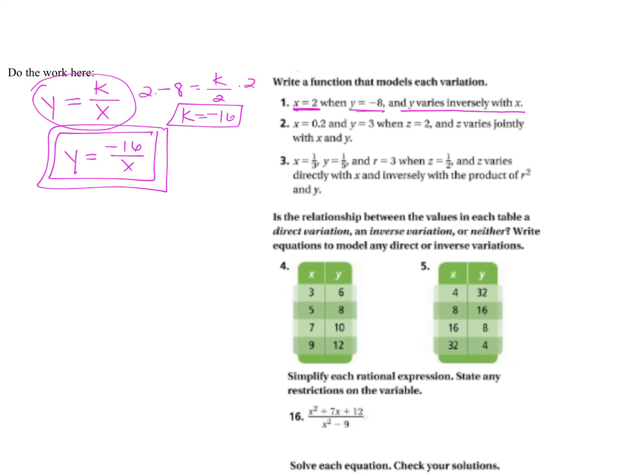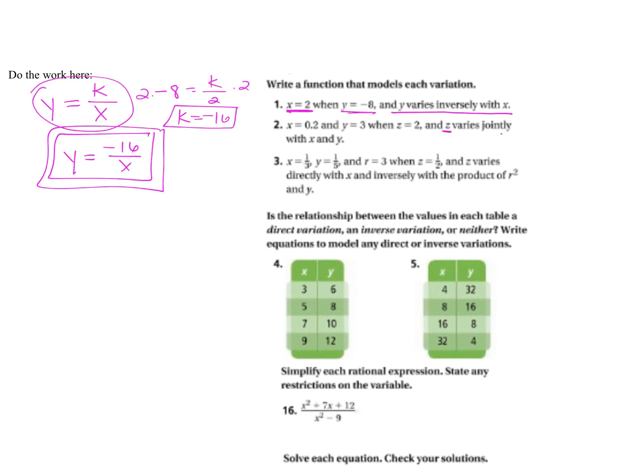Okay. I'm not going to do the rest of these, but it says z varies jointly. What does that mean? z equals k times x times y, okay? This one says z varies directly with x, so z equals k times x, and inversely, so divide, with the product, we're multiplying r squared and y.